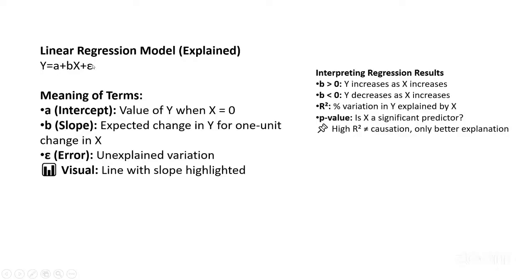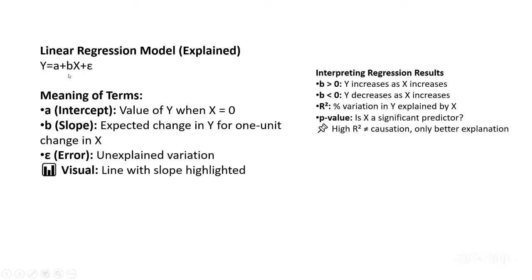Don't consider the error part now; we will deal with it after that. When x is 0, we only have the part a, the intercept. So we are dealing with the base case.